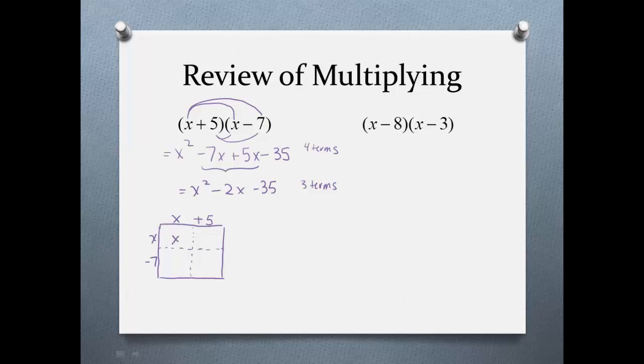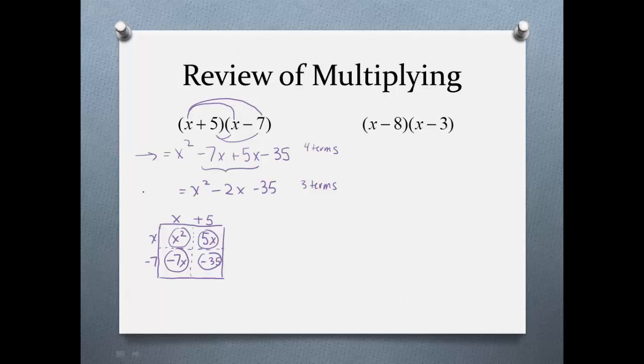So x times x gives me x squared. 5 times x gives me 5x. Negative 7 times x is negative 7x, and 5 times negative 7 is negative 35. And if you look at the 4 terms that I have in here, those are the same as the 4 terms that I got in this second line.